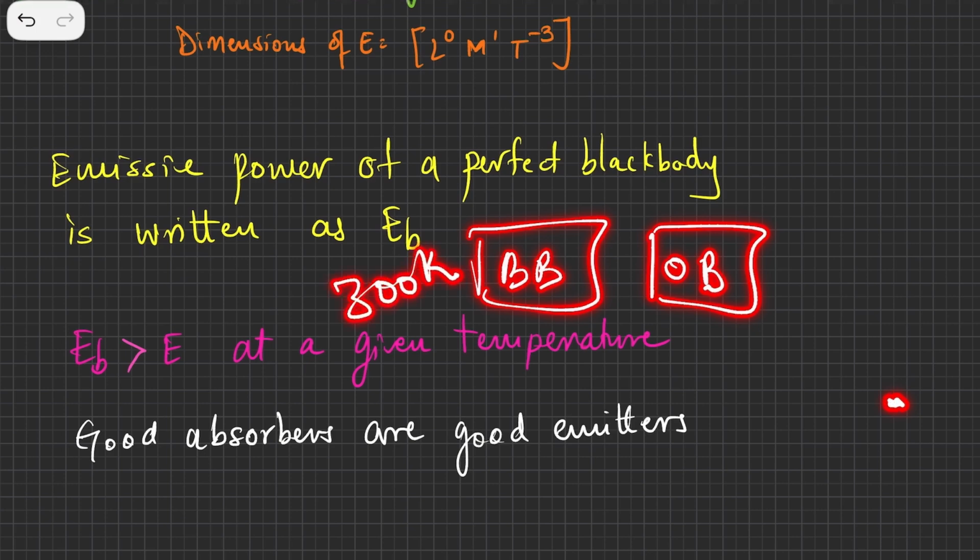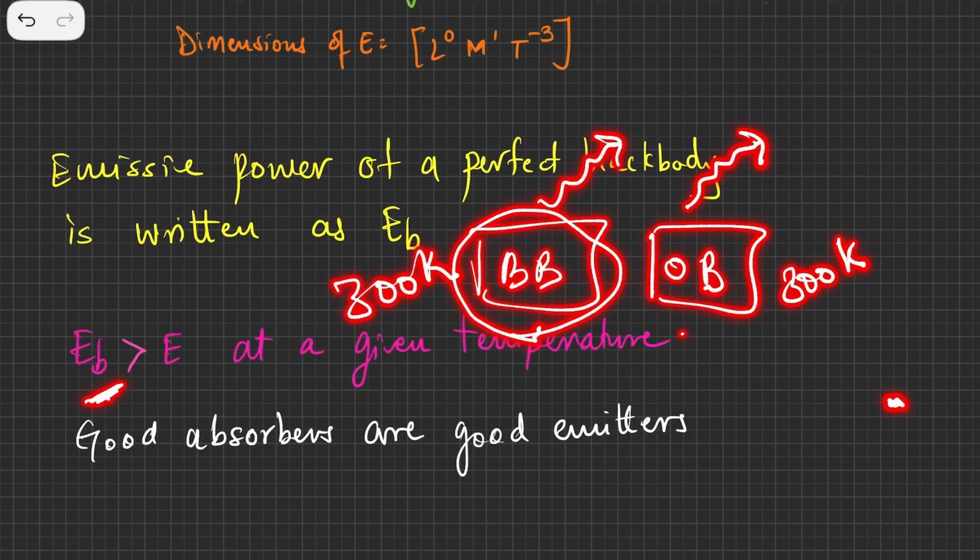Now they both are emitting heat radiation, but the emissive power of the black body will be greater than the emissive power of the ordinary body. The reason is that a black body absorbs more energy, so it is going to emit more energy.